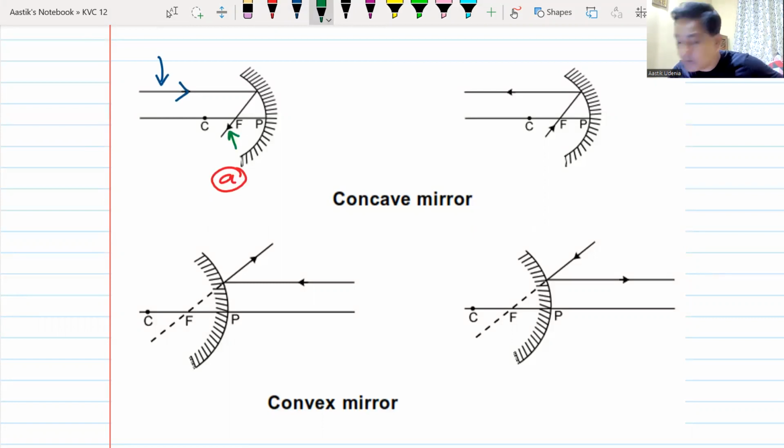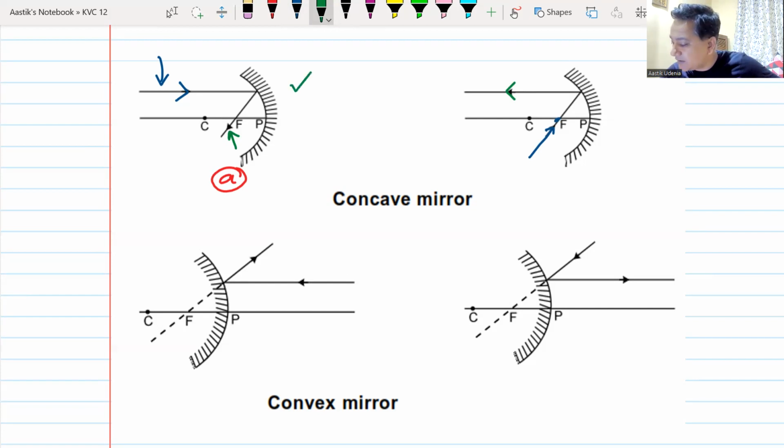That point is known as the focus. If you say it in the reverse way, if a ray of light passes through the principal focus, after reflection, it will become parallel to the principal axis.